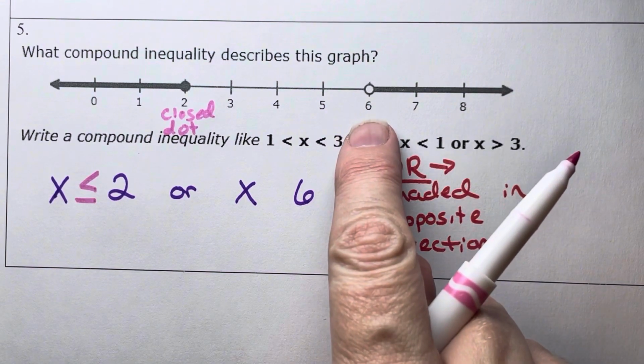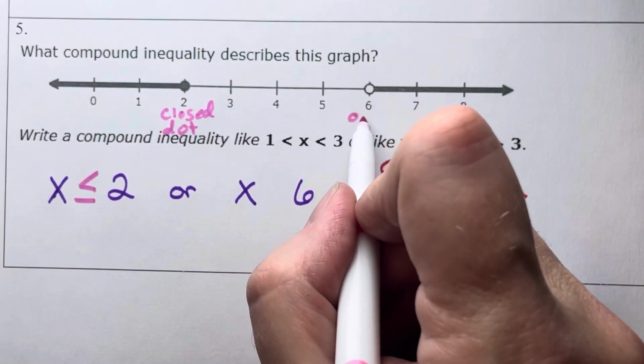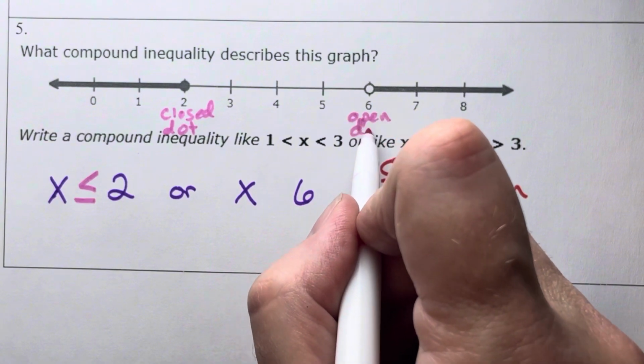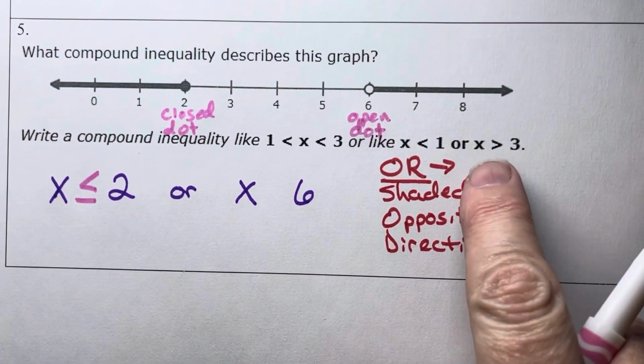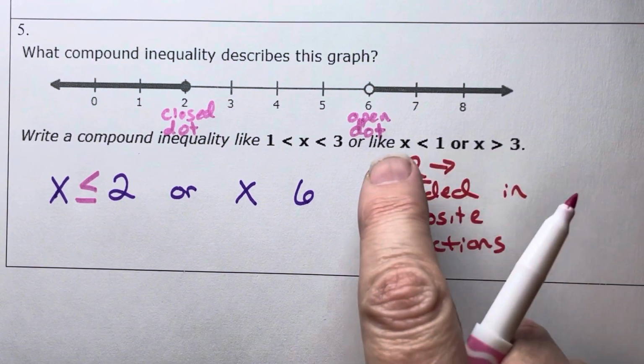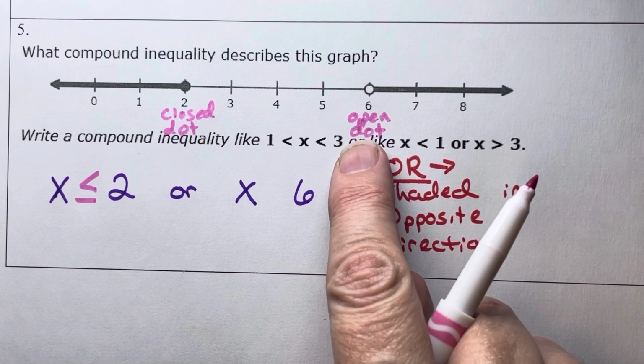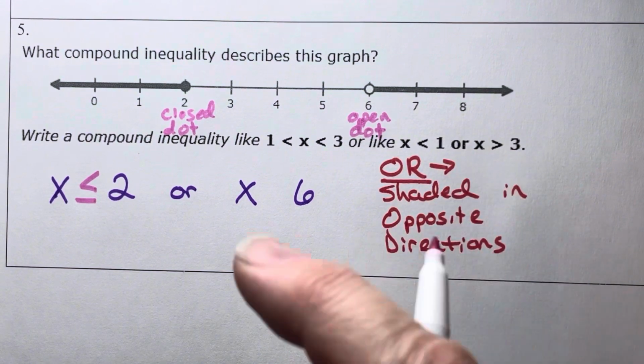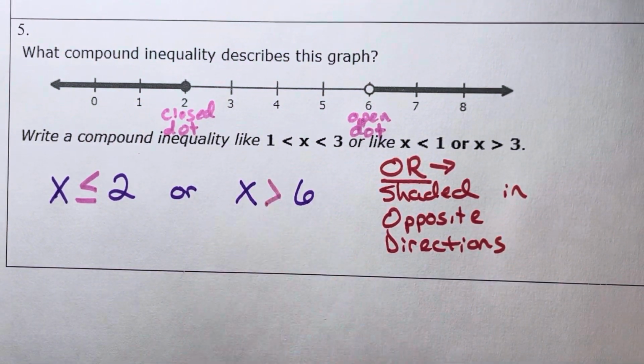And over at our 6, this is an open dot. So with our second inequality piece, it's always a greater than, and due to this being an open dot, we are not going to put a bar underneath of it. It is purely a greater than.